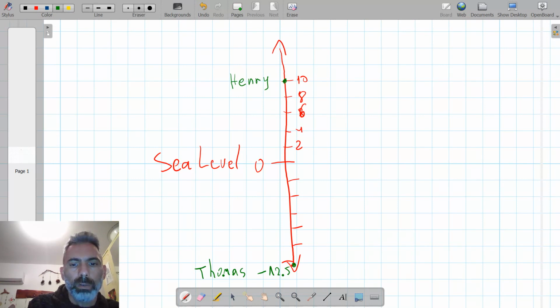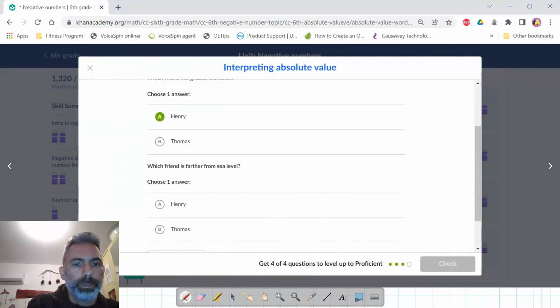The absolute value of negative 12.5 is about here. So this is the absolute value of negative 12.5 because it's the distance of the number from the 0. So Thomas is farther from sea level compared to Henry.